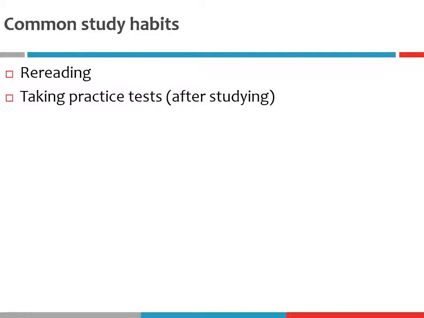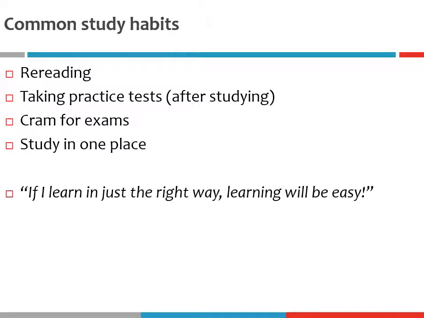A lot of them said they like to take practice tests, but only after studying and only those that were provided for them. And a lot of them said that they like to cram for exams, and they like to study in one place. And 80% of our sample said that this statement, which was true, which is if I learn in just the right way, learning will be easy, right?